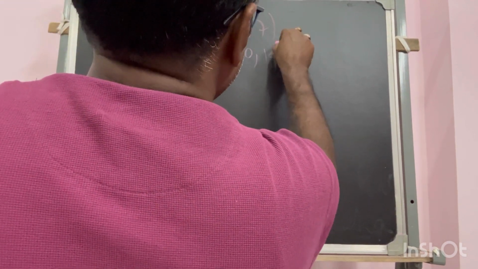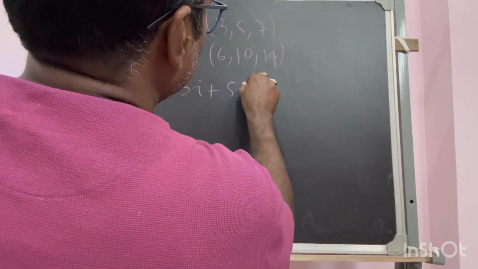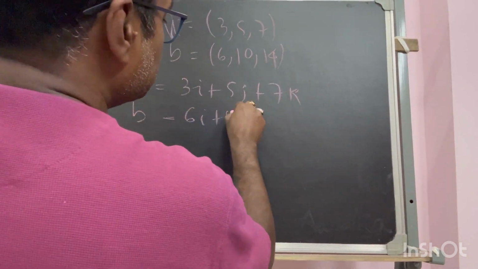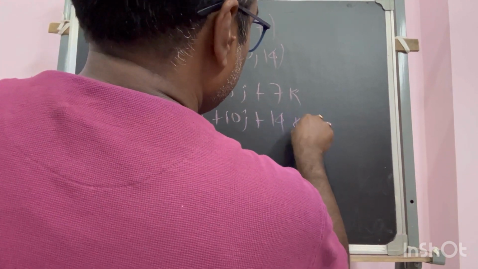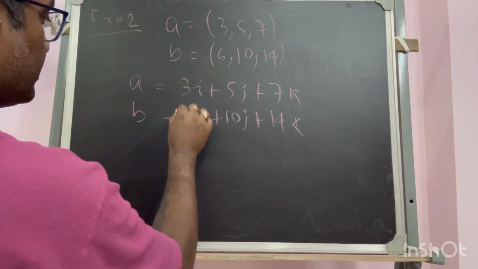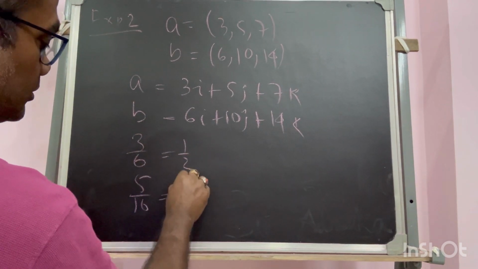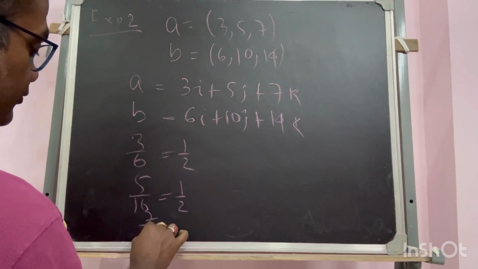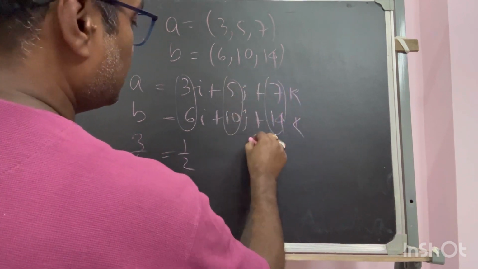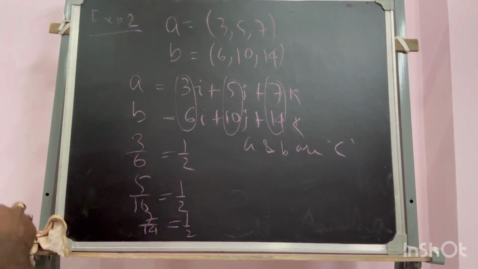So we can represent this as 3i plus 5j plus 7k, and B is 6i plus 10j plus 14k. Now this has to be proved whether collinear or not. If I take the ratio 3 by 6, it is equal to half, 5 by 10 is equal to half, and 7 by 14 is equal to half. That means all these ratios are the same, so A and B are collinear. That can be proved.